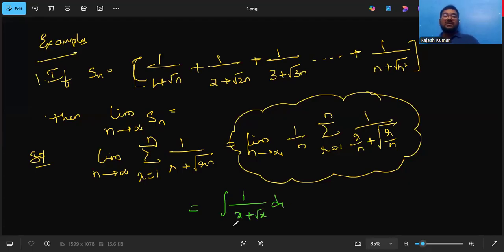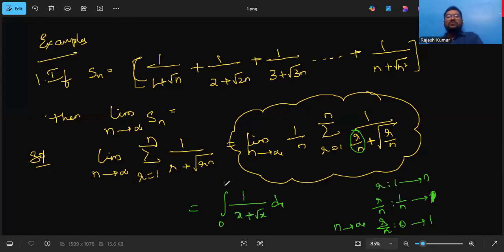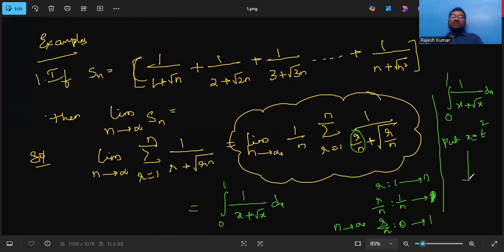What is left? The limits. Clearly r is moving from 1 to n, so r by n is moving from 1 by n to 1. When n is tending to infinity, r by n is moving from 0 to 1. Here we replaced r by n with x, so x is moving from 0 to 1. Now it is enough to calculate the integral from 0 to 1 of 1 by x plus root x. This can be evaluated by putting x equal to t square, and we can evaluate that particular integration.